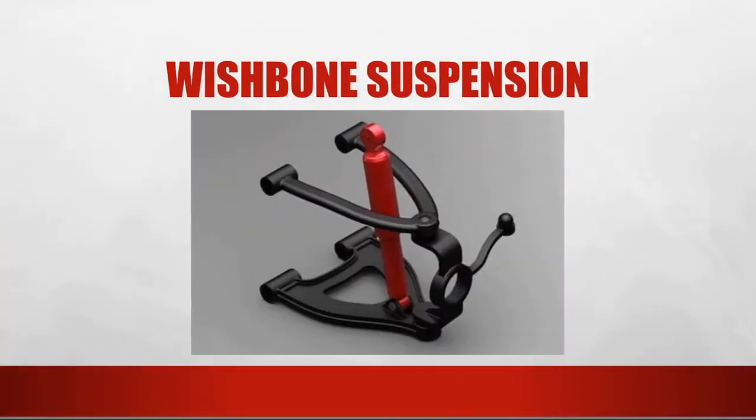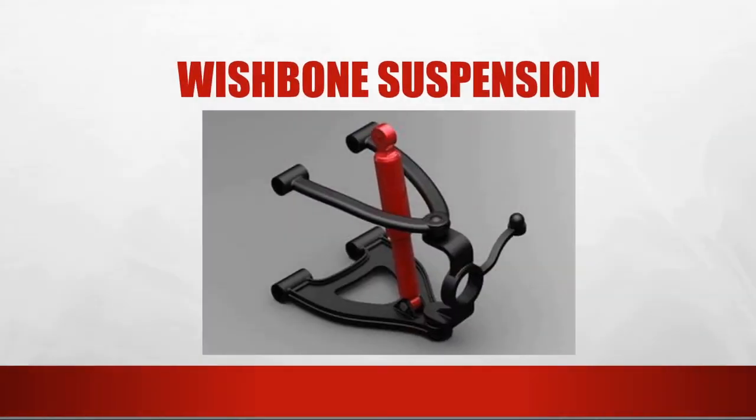Now let's properly think what we have here. We have the upper wishbone attached to the steering knuckle and the lower wishbone attached down to the steering knuckle, and we have a damper which is connected to the lower wishbone. Now this can be optional. You can have two dampers, one attached to the lower wishbone and another attached to the upper wishbone.